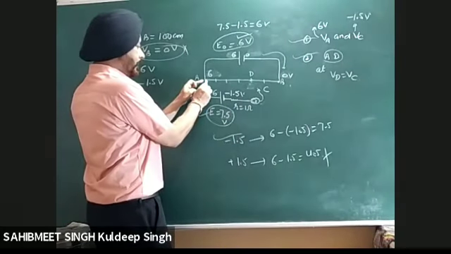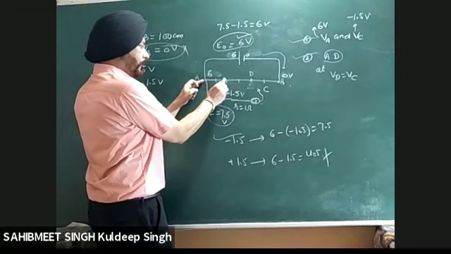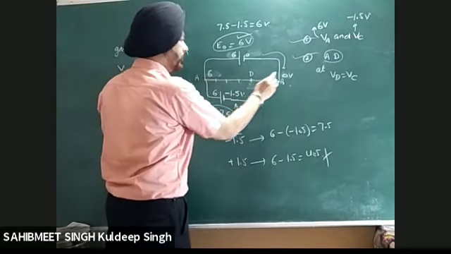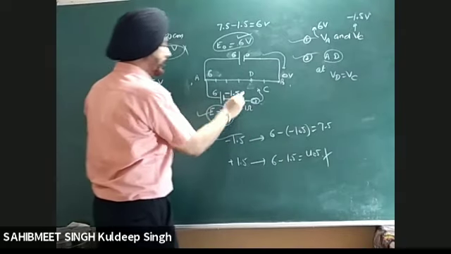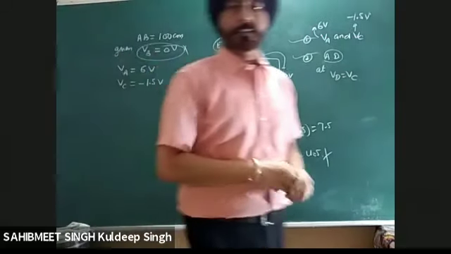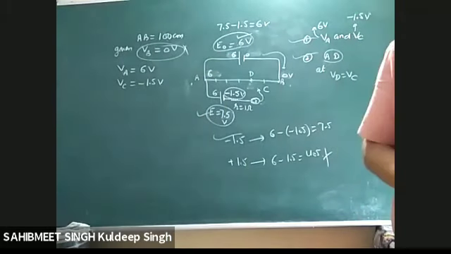Now on this wire you will get 5 volt, 4 volt, 3 volt, 2 volt, 1 volt, 0 volt. But how much do you need? Minus 1.5 volt. Minus 1.5 volt is not available on the wire. So now you will not get the desired potential on the wire.